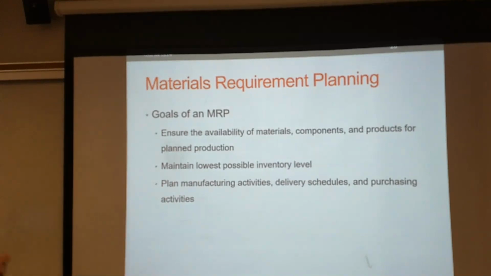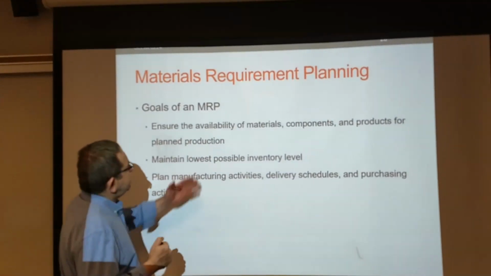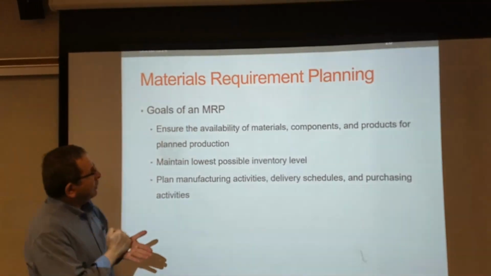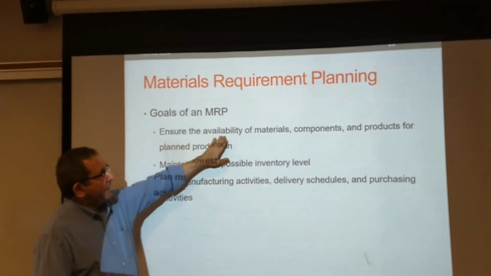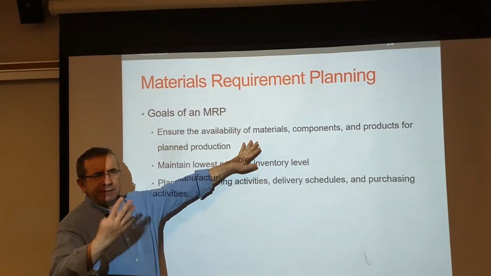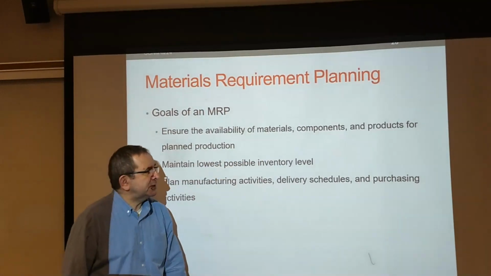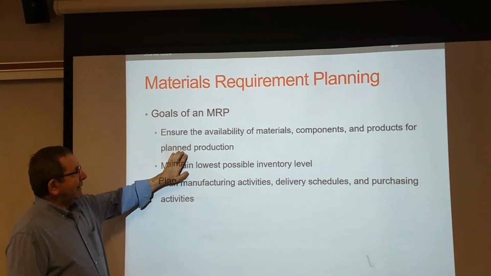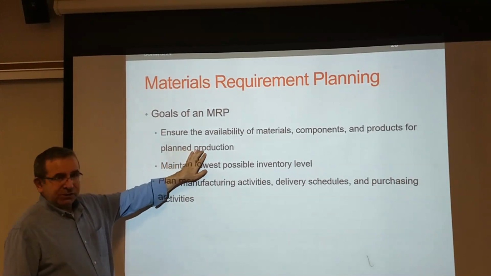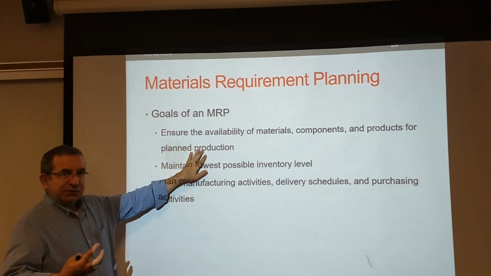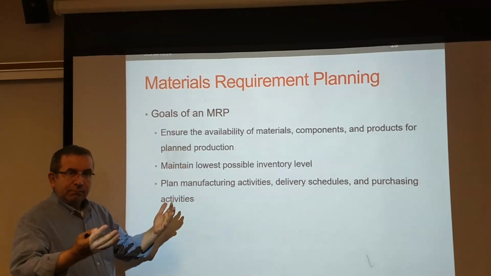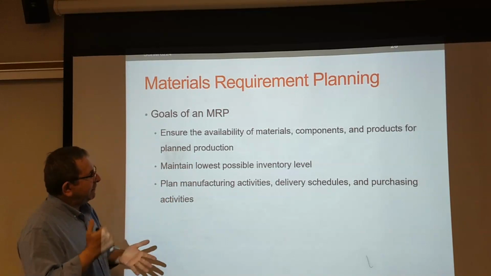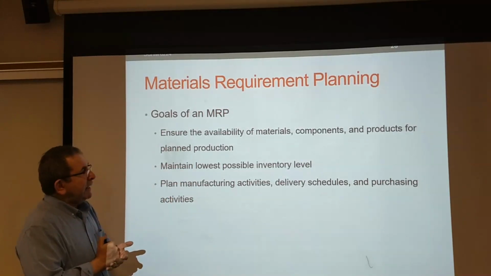So what are the goals of materials requirement planning? The first goal is to ensure availability of materials, raw materials, work in process components for the planned production. So master production schedule, we want to implement the master production schedule.